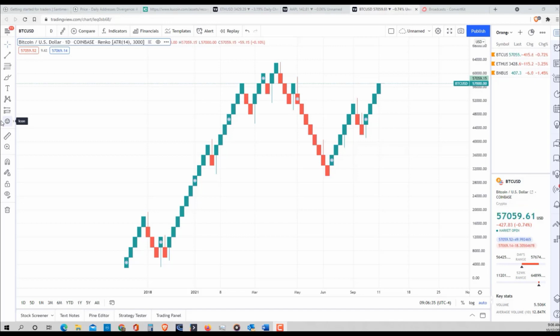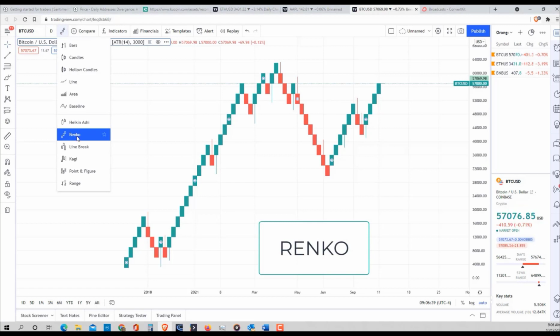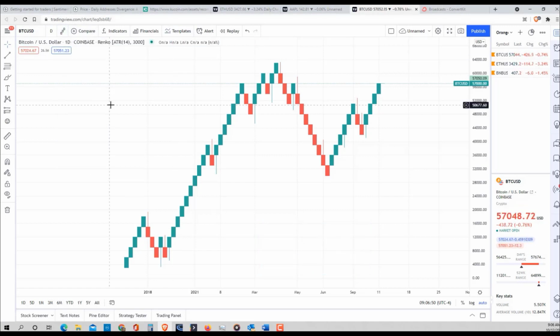This is the Renko chart, okay? And you would just go to TradingView, just click Renko, and this is the type of chart that will appear. Now, this is Bitcoin, okay, on the daily chart, but at this point, you don't even have to worry about the daily because this is a whole different beast from the other chart types that we've seen.